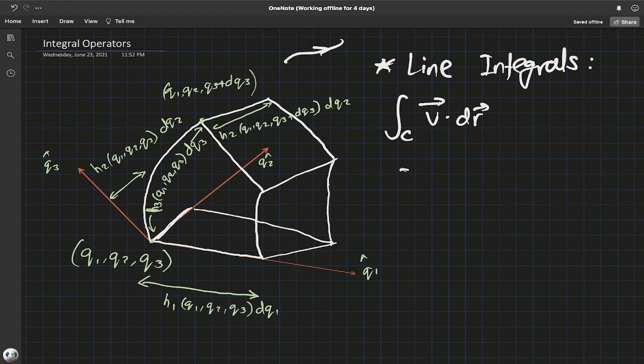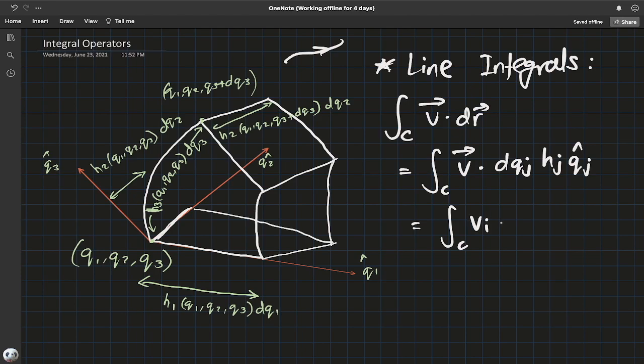Now we know what this differential line element is in our new general curvilinear system. It's going to be, say, dqj, scaling factor hj, qj hat. Fine. We can also express v in this general curvilinear system, because why not? It's just a system.